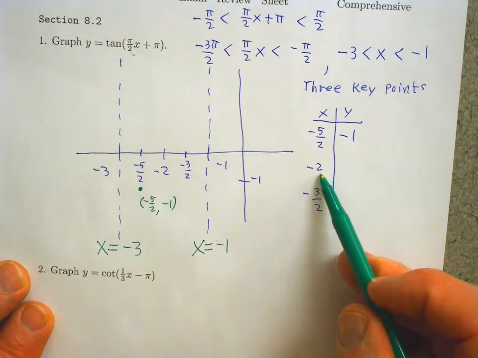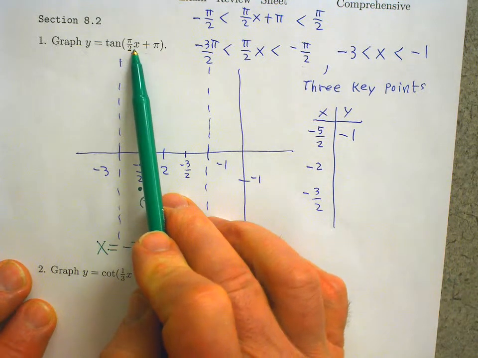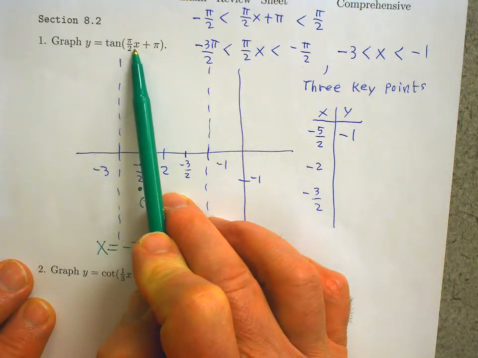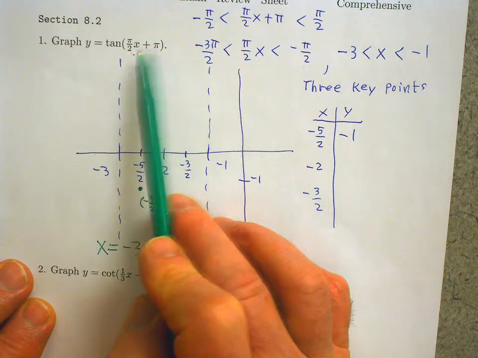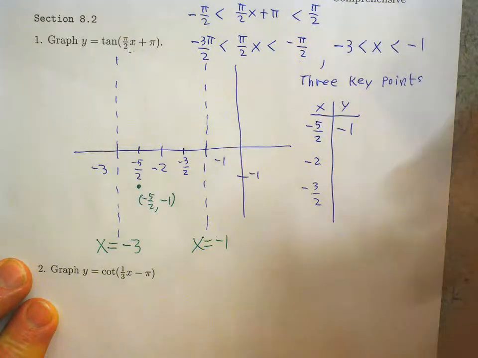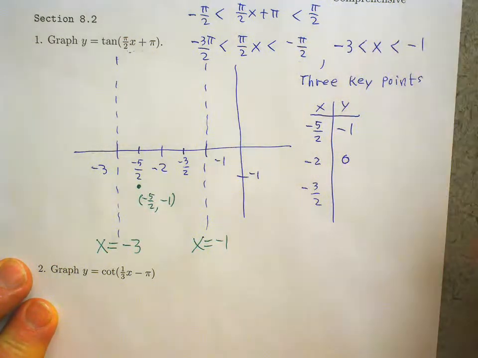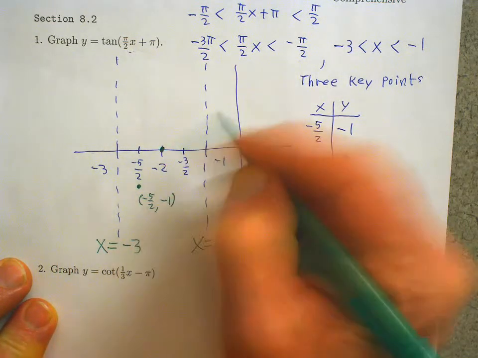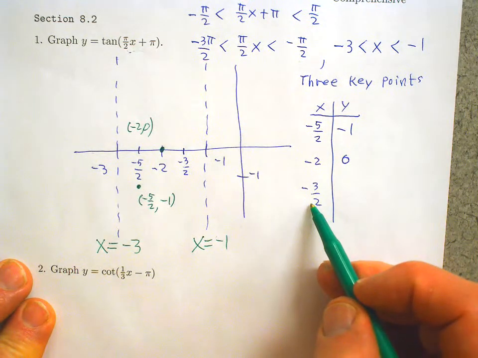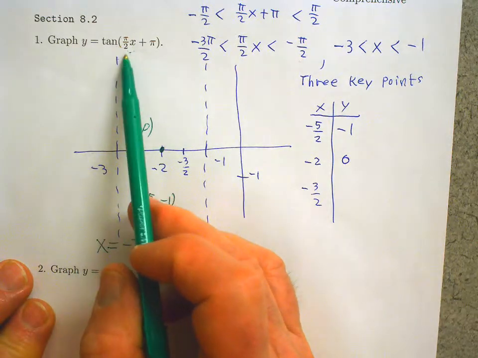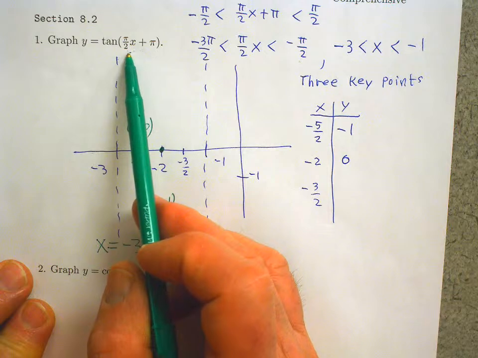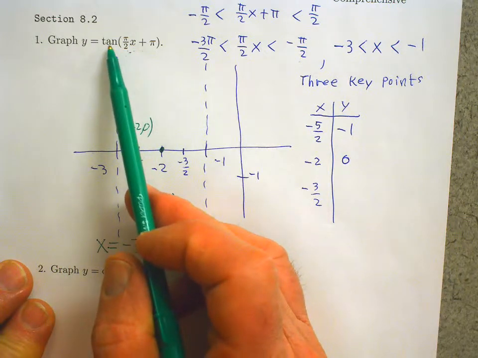When x is negative 2, pi over 2 times negative 2 is negative pi. Negative pi plus pi is 0, and tangent of 0 is 0. So the y-coordinate is 0. So we have this point, negative 2, 0. When x is negative 3 over 2, pi over 2 times negative 3 over 2 is negative 3 pi over 4.